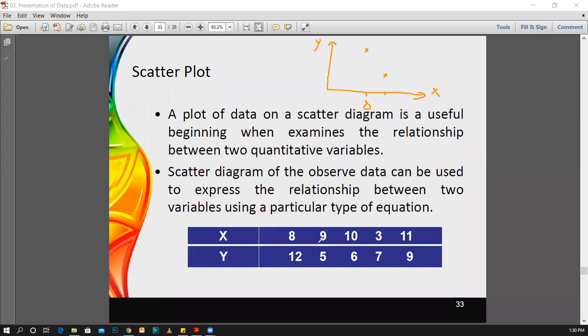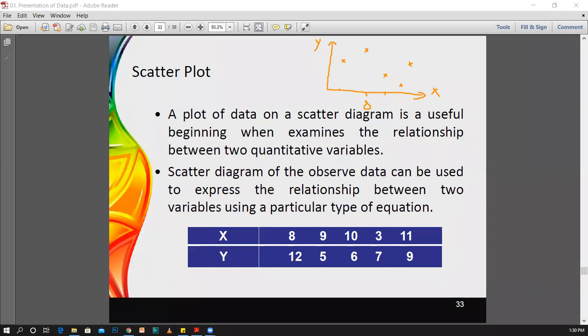Then x is 10, y is 6. Then for x equals 3, y is 7. Then for x equals 11, y is again 9. Then you can see that these points are somewhat scattered.